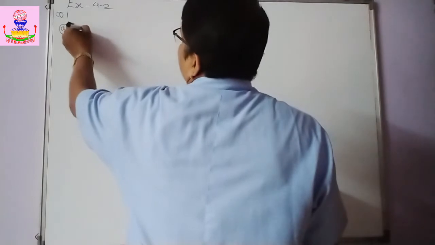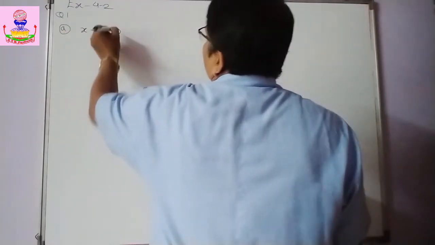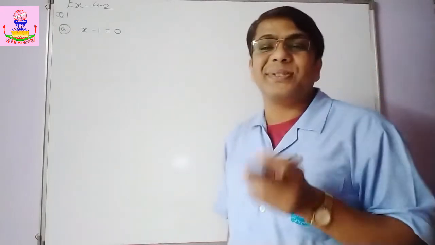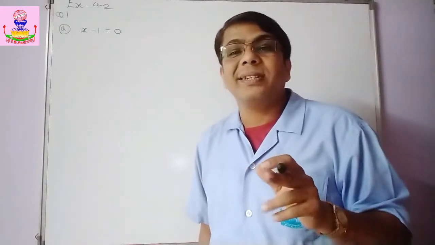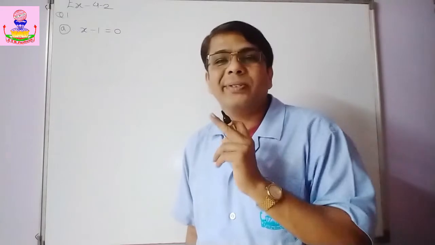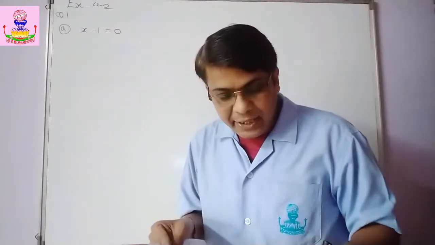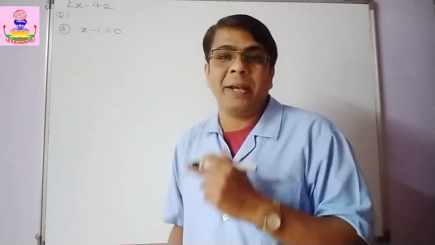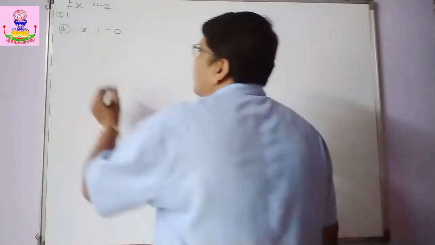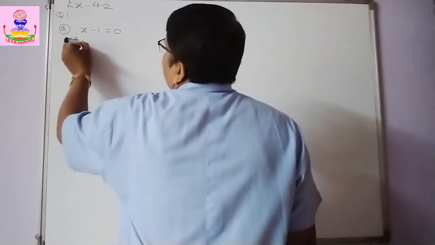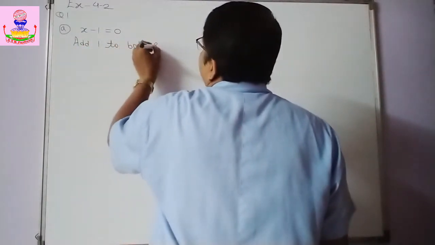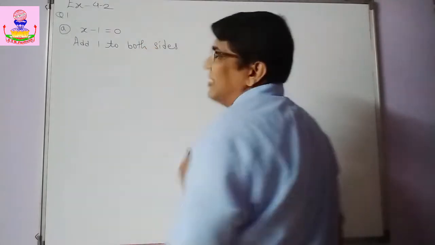x minus 1 is equal to 0. Now what is there? Minus 1. The opposite of minus 1 is plus 1. That means I have to add 1 to both sides. Now what have they said? Give the first step you will use. So which step am I going to use? Addition. So how am I going to write? Add 1 to both sides. So this is the step I am going to use.